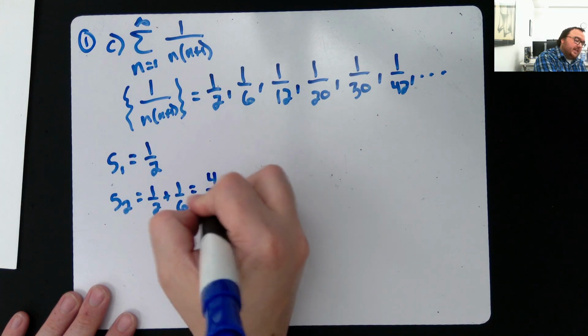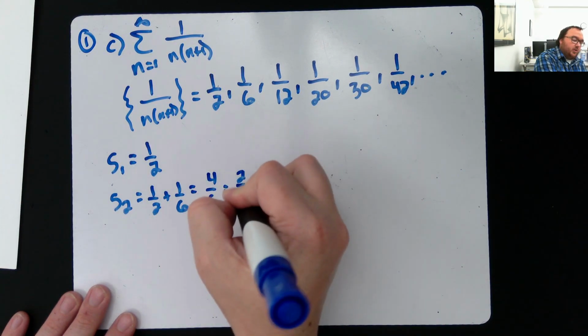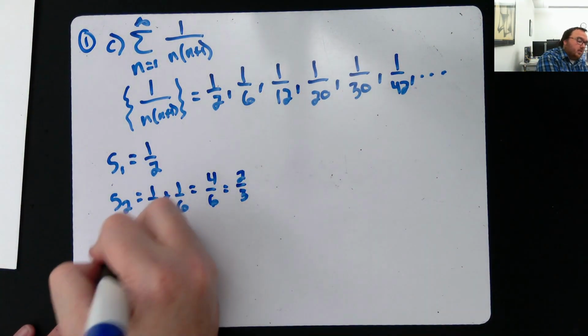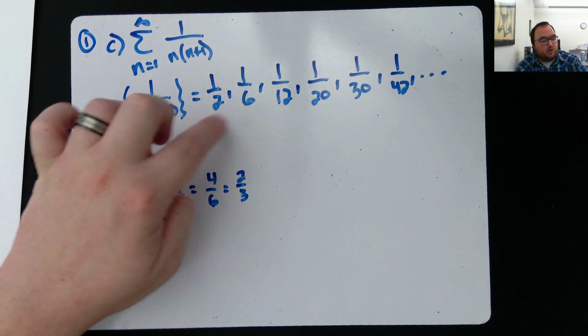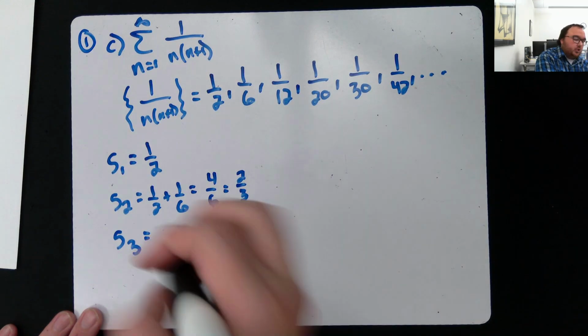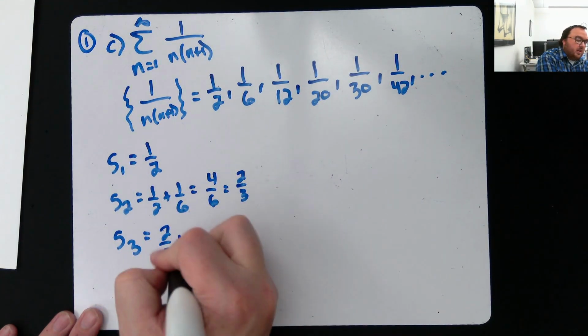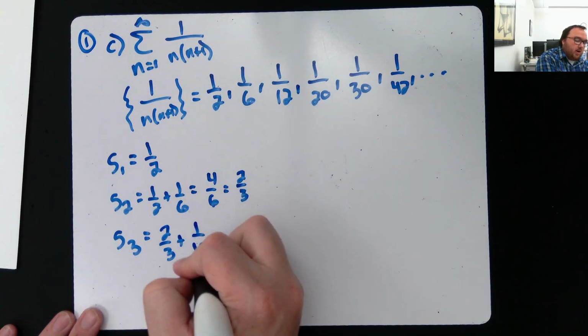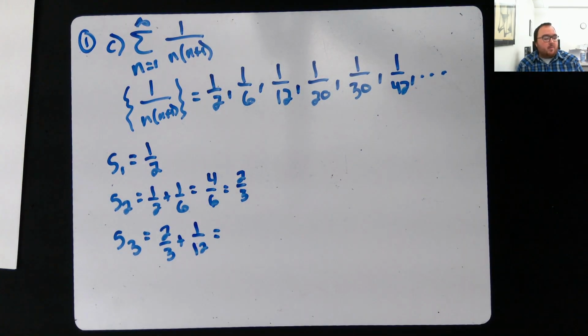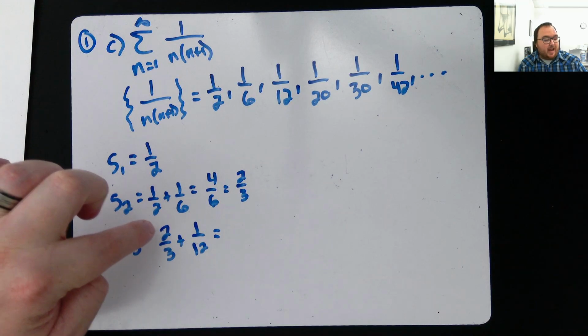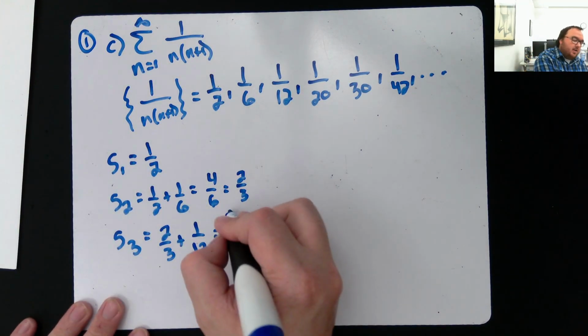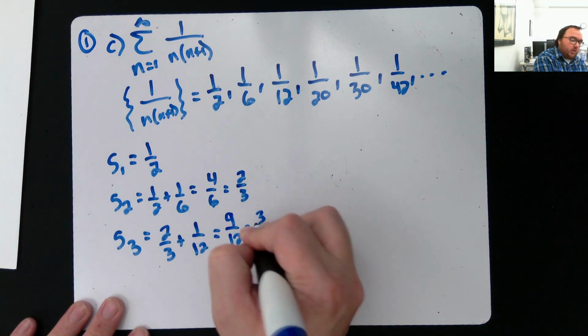This will be 4/6, which reduces down to 2/3. S3 is the sum of my first three terms. I know my first two terms add up to 2/3, plus my third term, which is 1/12. Common denominator there is 12. I need to times this by 4, which would give me 8. 8 plus 1 is 9. 9/12 reduces down to 3/4.